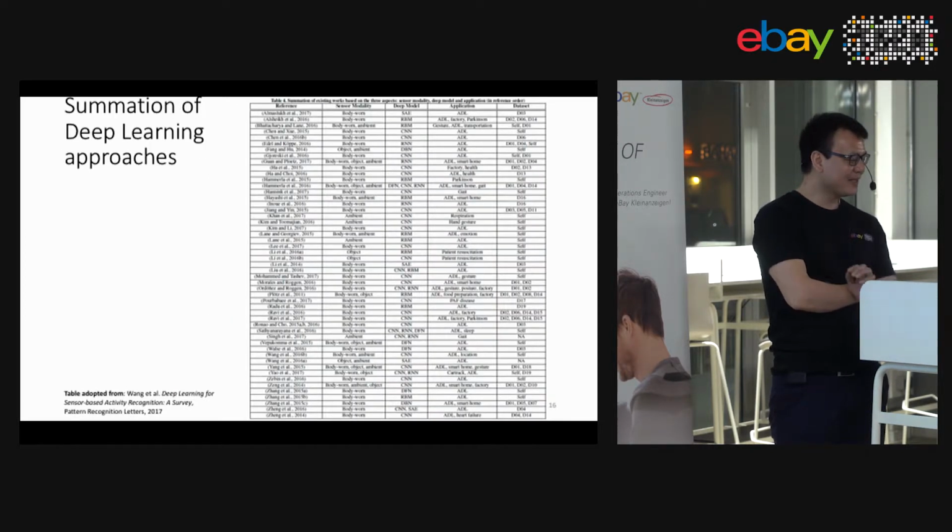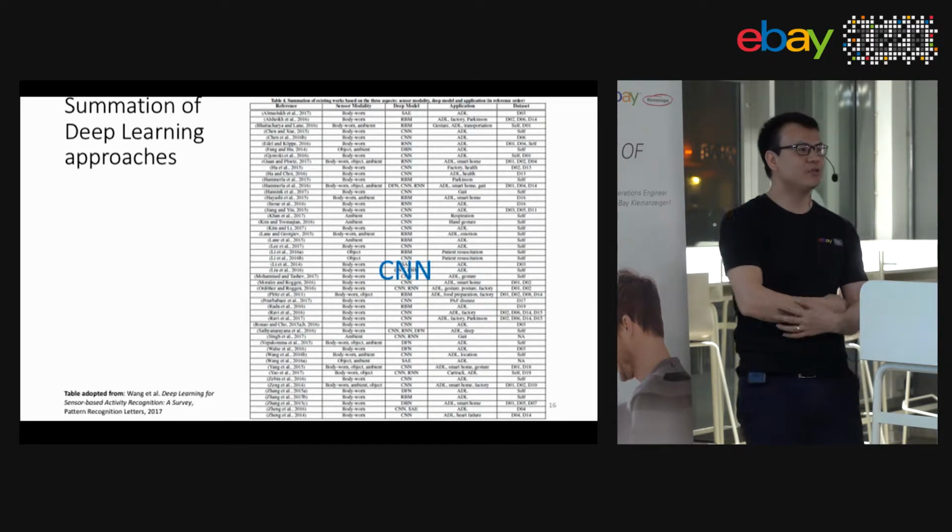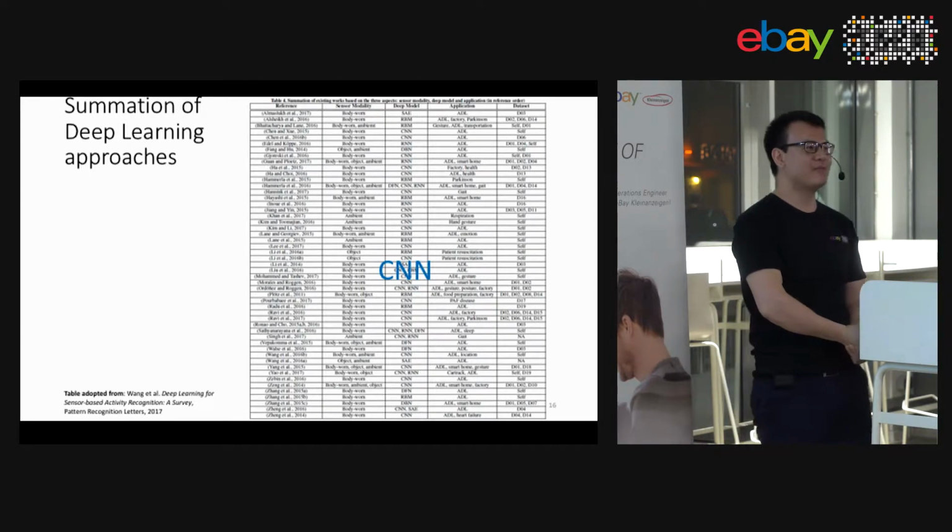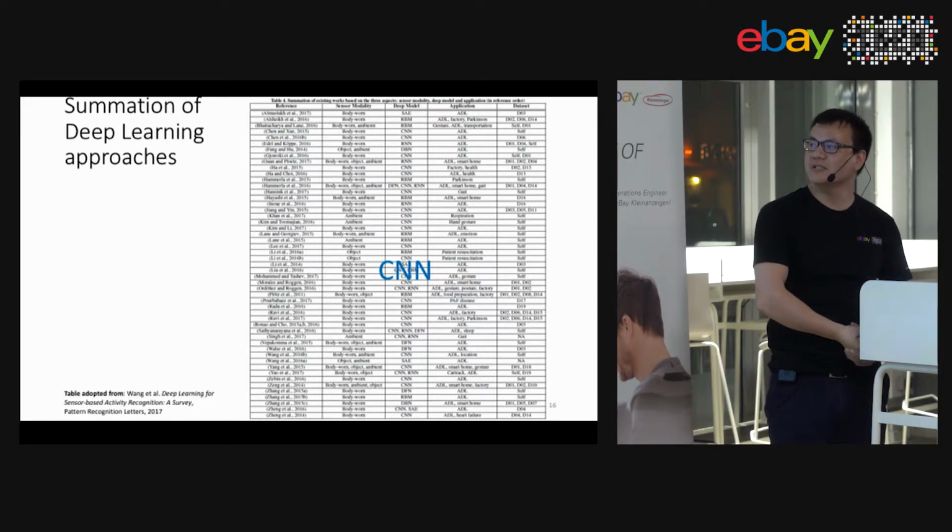Okay, let's move on. This is a summary of the deep learning approaches to solve this activity pattern recognition problem. From this chart, we can see that the CNN, the convolutional neural network, is the dominant method among all these methods.